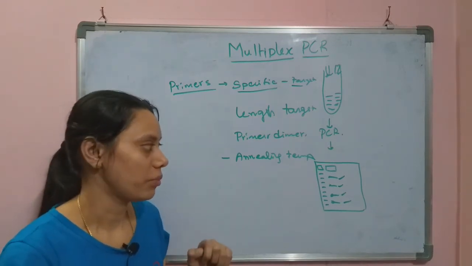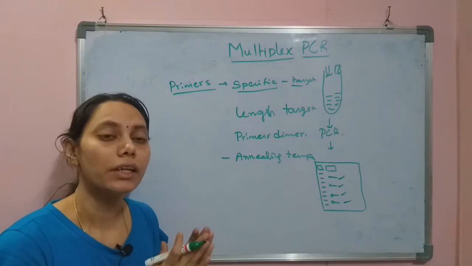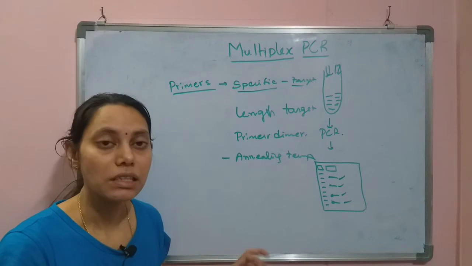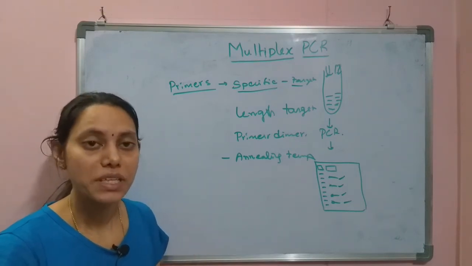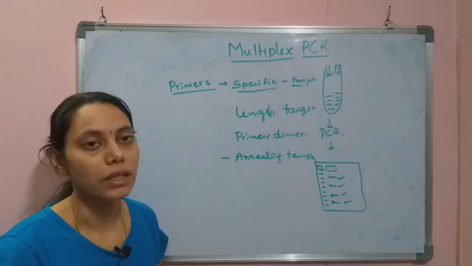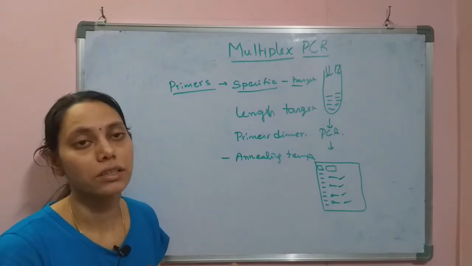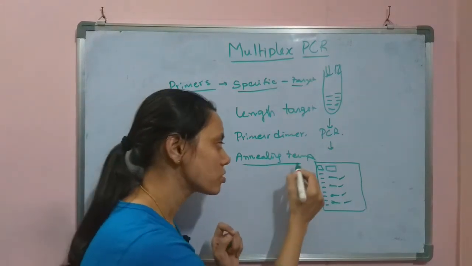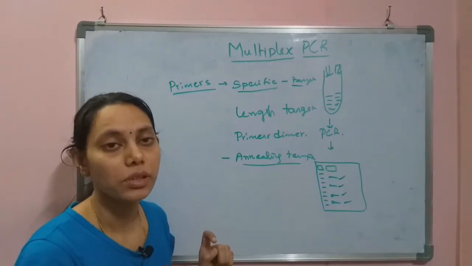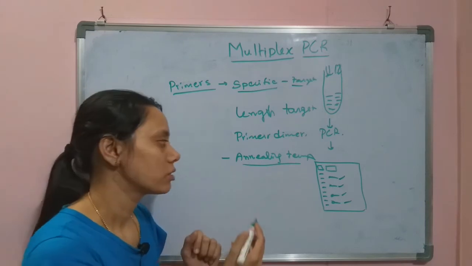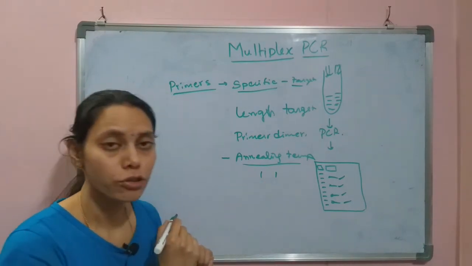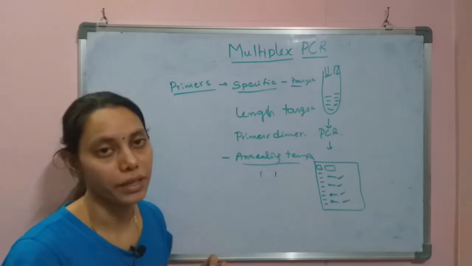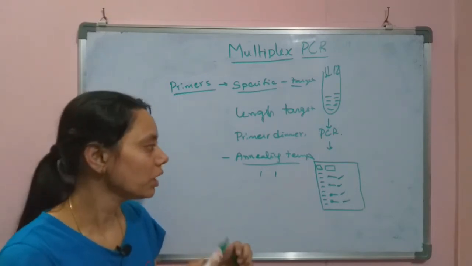What will happen if the annealing temperatures are very much varied? That may result in an unsuccessful PCR reaction, because we fix certain conditions, certain annealing temperatures. So the annealing temperatures of the primers should not vary very much. Some limit should be there; the primers should have more or less similar melting temperatures. That kind of primers need to be designed.